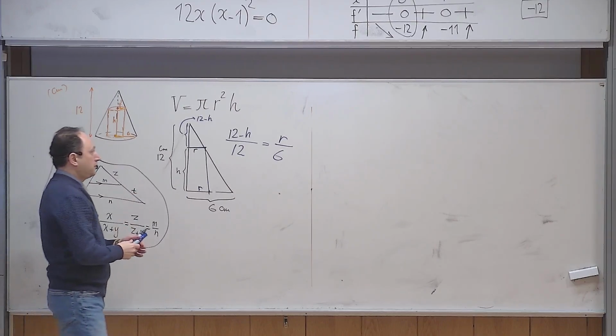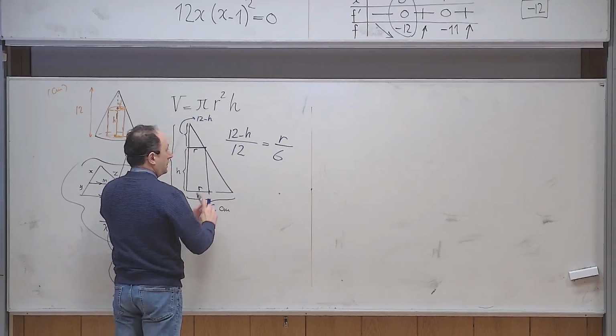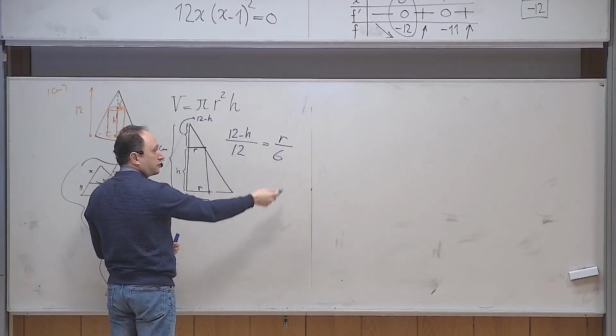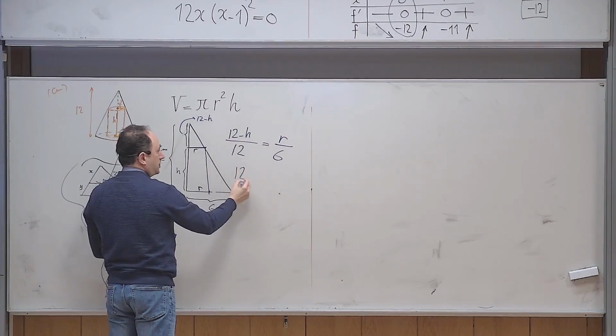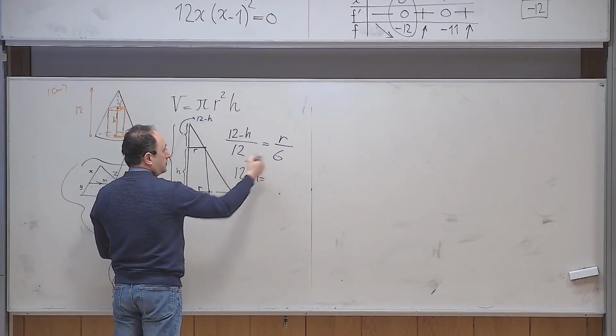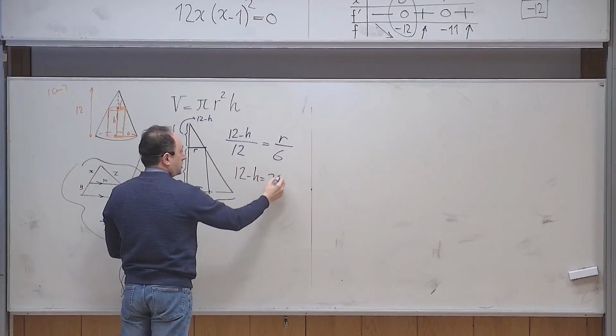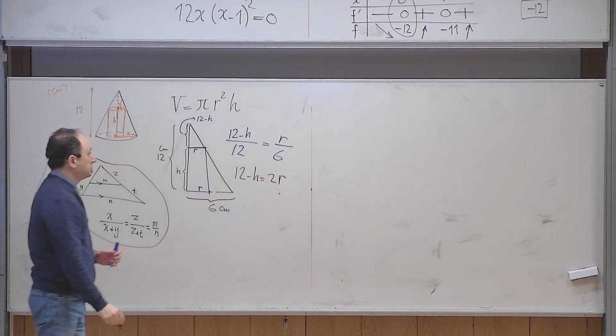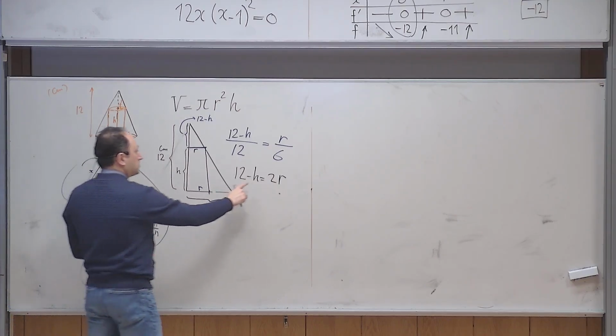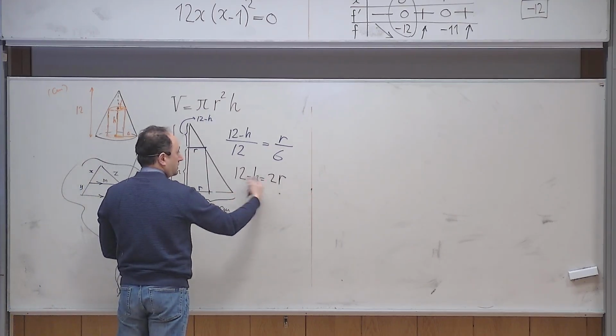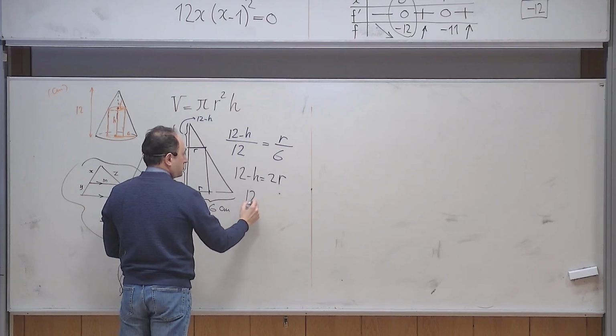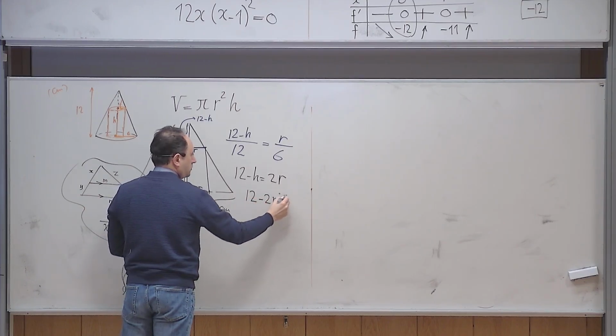Okay, let me simplify this a little bit. For example, I multiply everything by 12 to get rid of fractions. So this becomes 12 minus h. The right-hand side, 12 and 6 simplify 2 times, so it becomes 2r. Okay? And then I hope that you see that if I move h to the other side and 2r to the left, it becomes 12 minus 2r is equal to h.